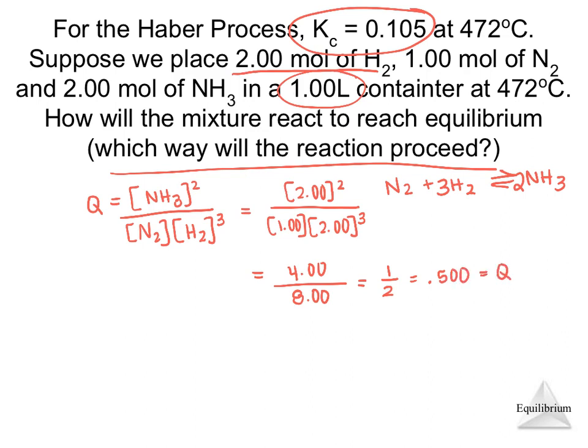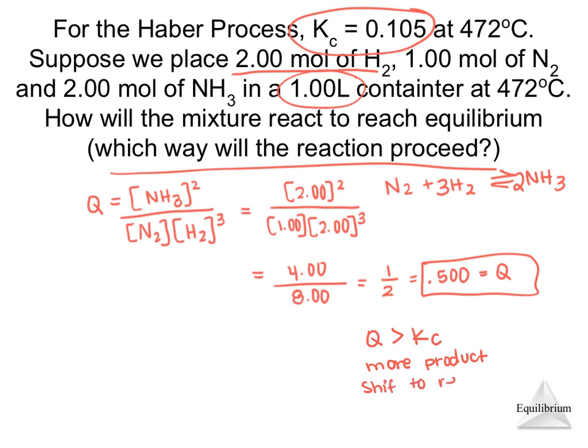So that is Q. So in this case, if we compare our Q and our Kc value, Q is greater than Kc. Since it's bigger, that means that there must be more product. And so we need to shift to reactants, which is to the left.